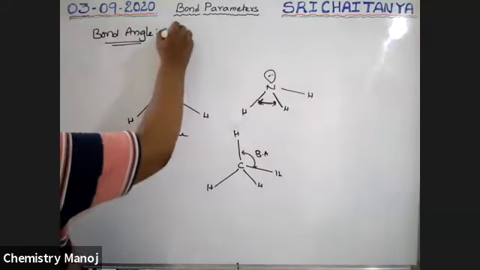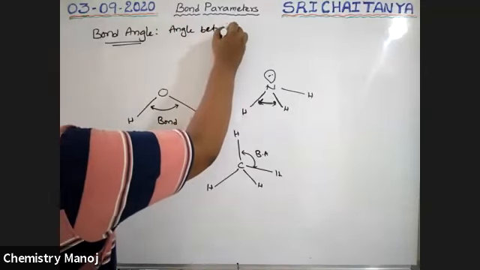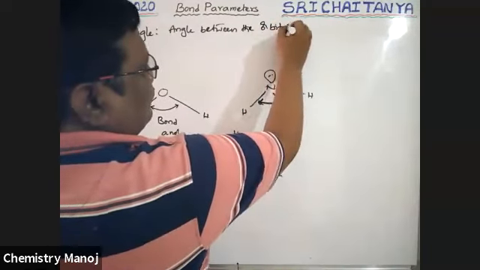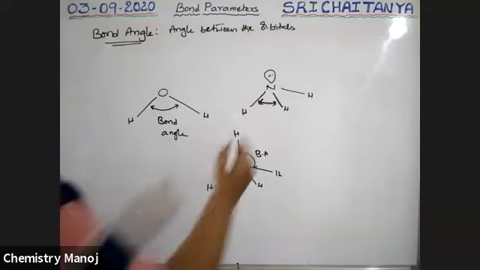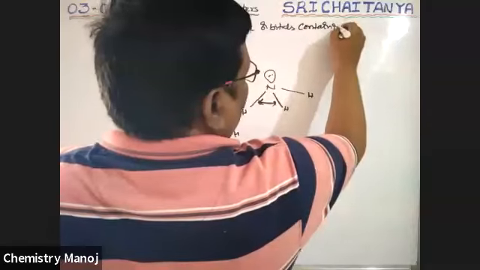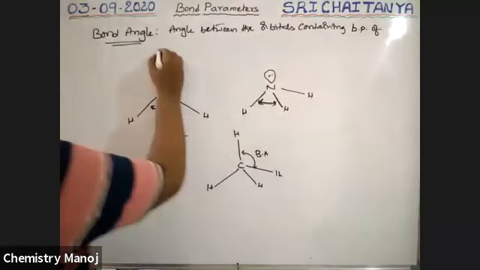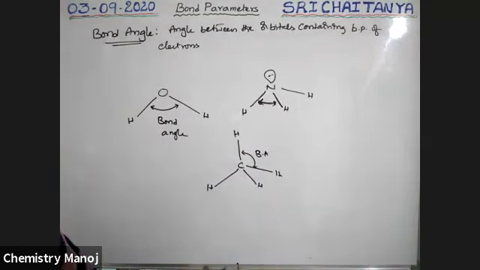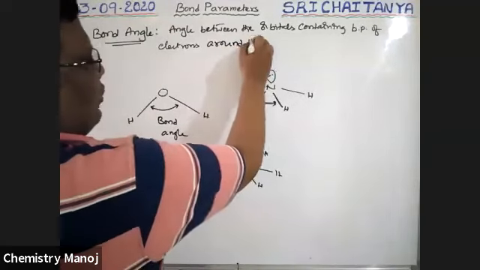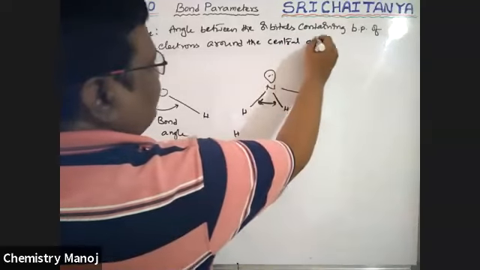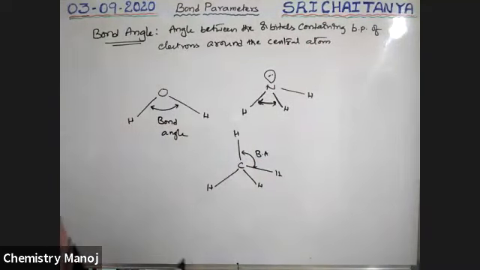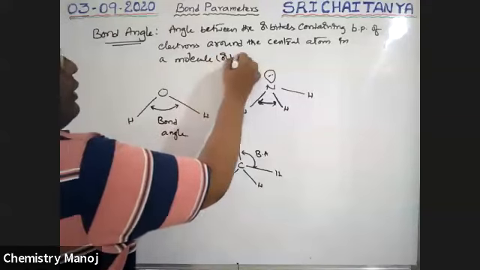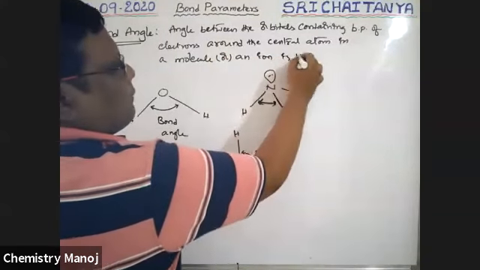Angle between the orbitals containing bond pair of electrons, that means bond pair of electrons, nothing but bonds, around the central atom in a molecule or an ion is the bond angle.